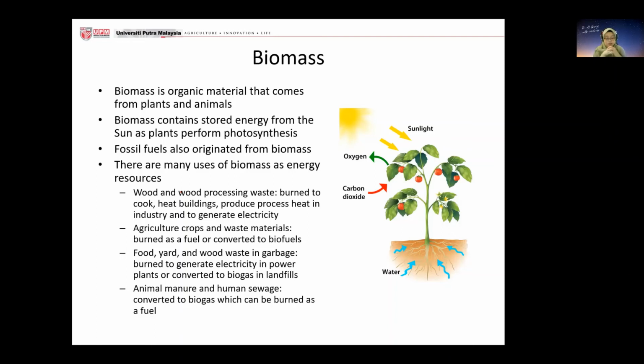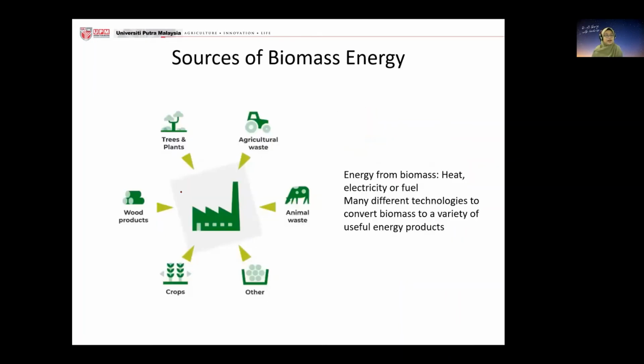Which is why biomass is a very, very interesting renewable resource. Because if you think back about the 4 types of energy resource that we've looked at before, all of them produce electricity. Like biomass, you can also produce fuel. Because remember, energy does not only mean electricity.